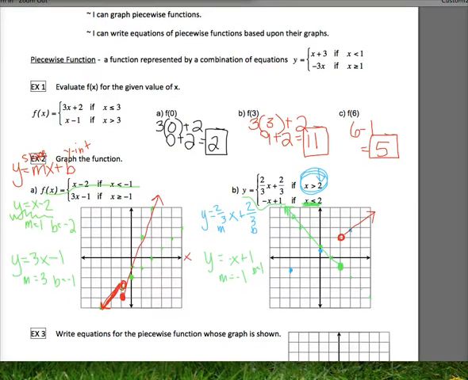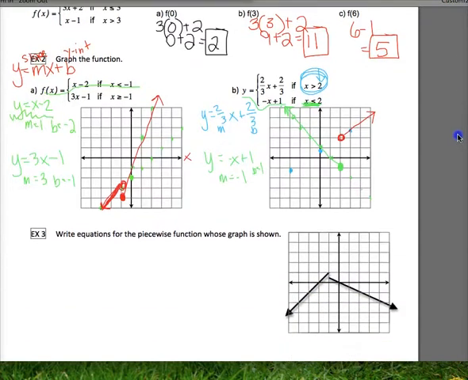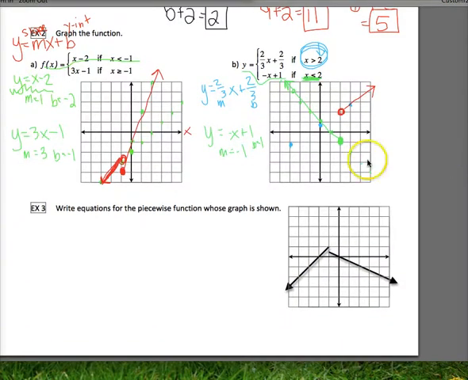The last one is just working backward from that. I can write equations of piecewise functions based upon their graphs. So that's what we have in example 3. Oh, and I forgot in example 2b to make this red, but not that it matters. I'm sure you all caught that. On there we go.